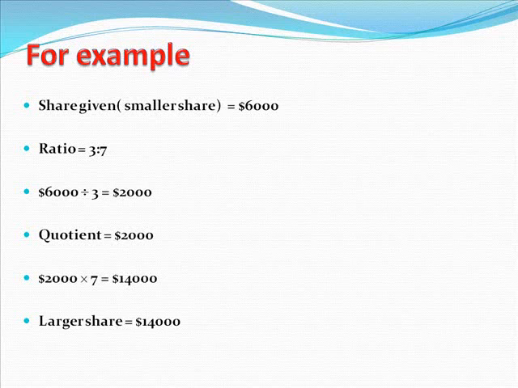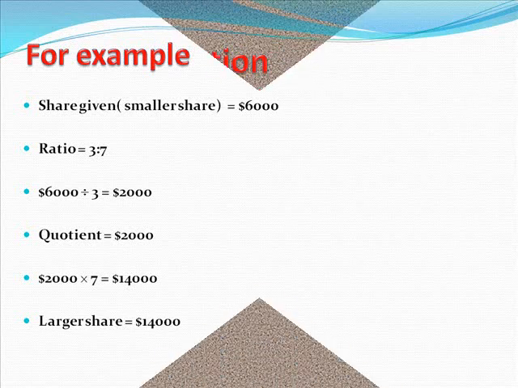Yes, it represents 1 part. So the quotient is equal to $2,000. Now in order to find the larger share, I take the larger number in the ratio, which is 7, and multiply it by 1 part. So therefore 7 parts will be 7 times $2,000, and therefore it will be equal to $14,000. So the larger share is equal to $14,000.